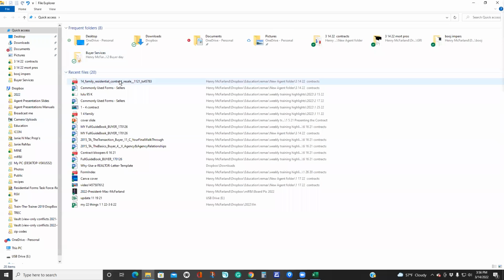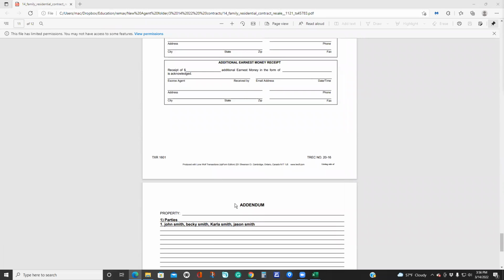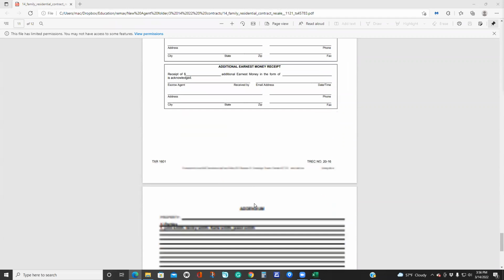Nope. Let me do one thing, make sure that I have this correctly. Let me show you one thing on this. You see the sheet that's on the screen? That's that addenda. Remember when we were in paragraph 1 for the parties, we had the extra names and we clicked on the little paper clip at the top.